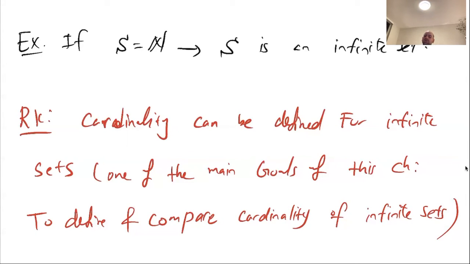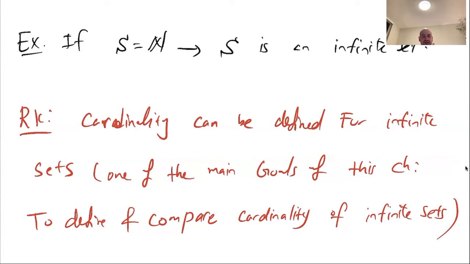For example, we will see that real numbers and natural numbers are both infinite sets, but the cardinality of real numbers is bigger than the cardinality of natural numbers. But interestingly, natural numbers and the set of integers are both infinite sets, and it seems that maybe we should say the set of integers has bigger cardinality, but we will see that no, that's not the case.